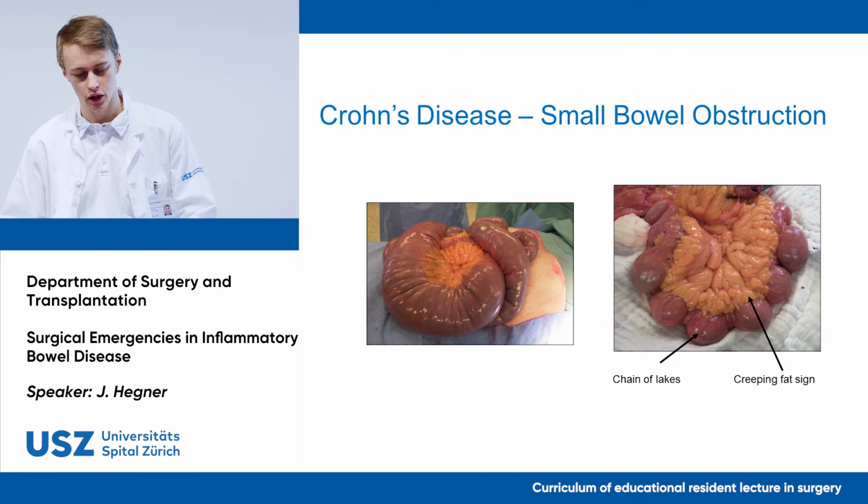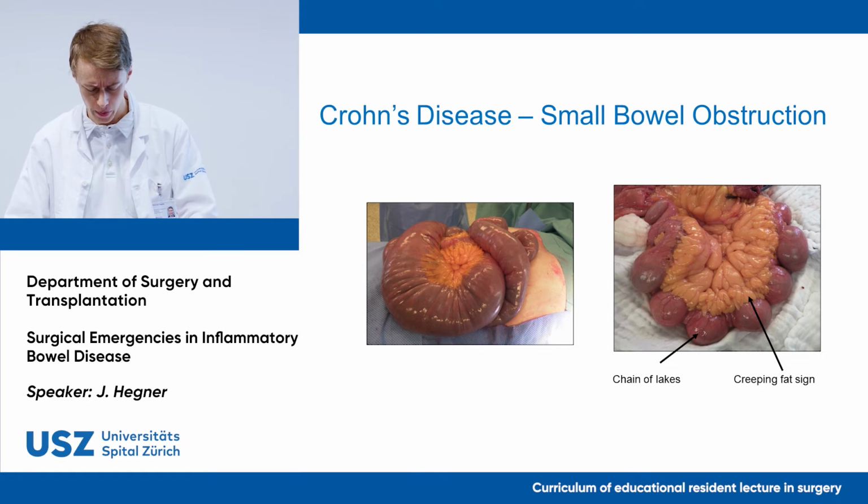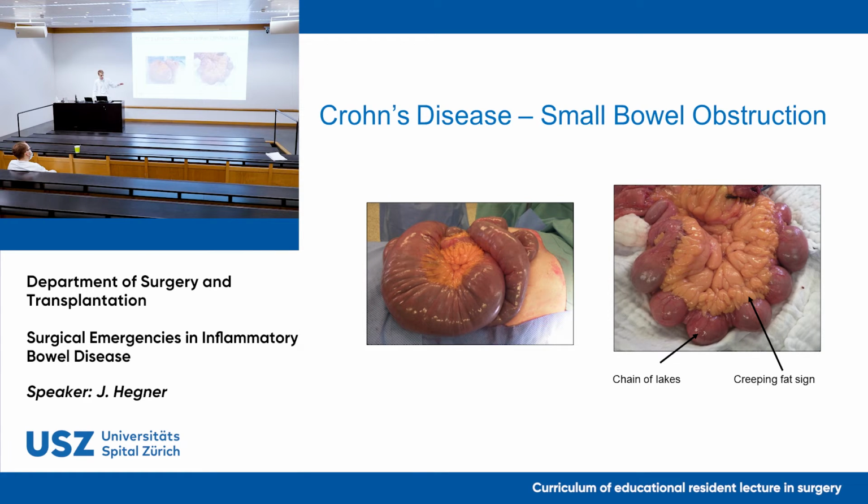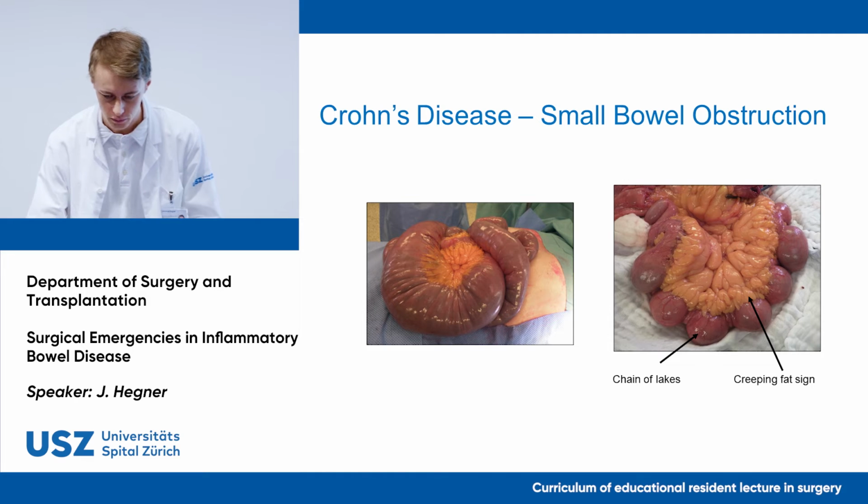On the left-hand side, you can see dilated loops of small bowel that is due to multiple fibrostenotic lesions downstream in the small bowel, causing an obstruction. And here we can see this chain of lakes effect due to the repeated fibrostenotic lesions. And because there's a kind of a chronic inflammation going on, you'll have this creeping fat sign. So this is very pathognomonic for Crohn's disease.